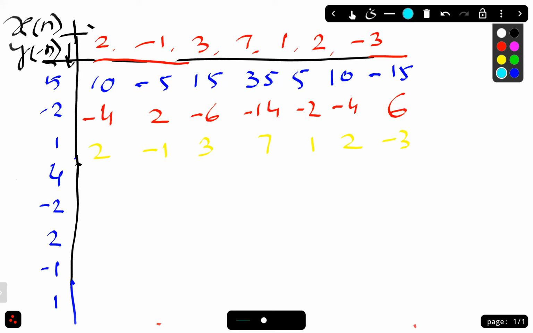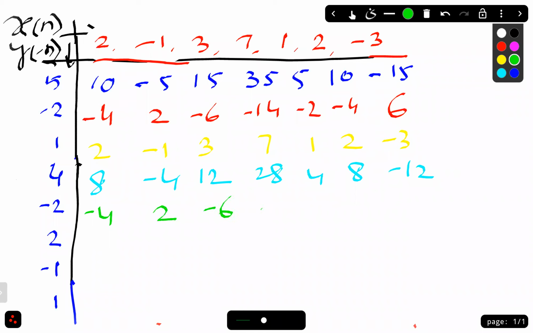Then next 8, 4 into 2 is 8, minus 4, minus 4, 12, then 28, 28, then 4, 8, 8, minus 12. Okay, then we have minus 4, then 2, minus minus 2, minus minus 6, then minus 14, minus 2, then minus 2, then 4, minus 4 or plus 6.